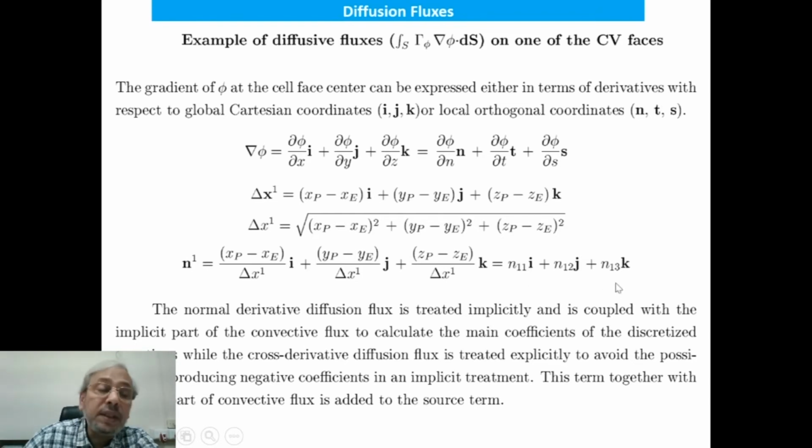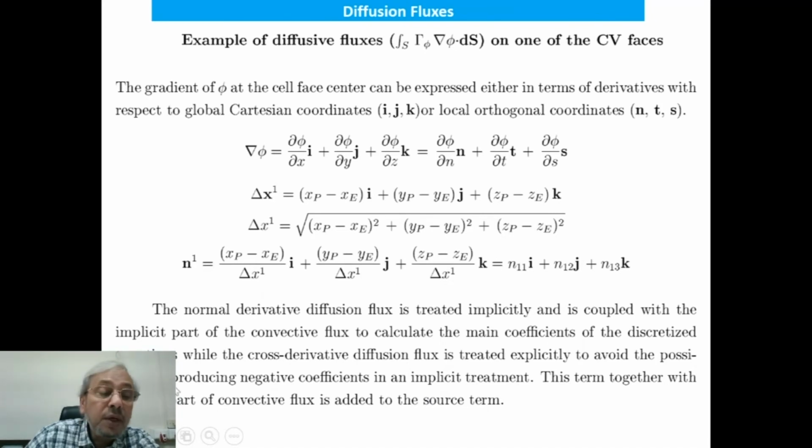So this is how the unit normal vector is basically n11 i, n12 j and n13 k. The normal derivative diffusion flux is treated implicitly and is coupled with the implicit part of the convective flux to calculate the main coefficients of the discretized equations, while the cross derivative diffusion flux is treated explicitly to avoid the possibility of producing negative coefficients in an implicit treatment.